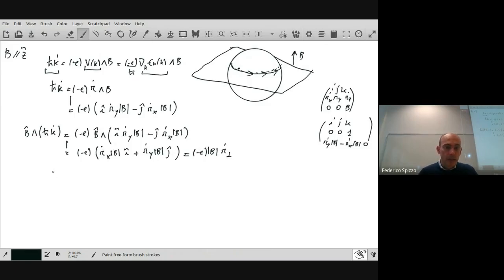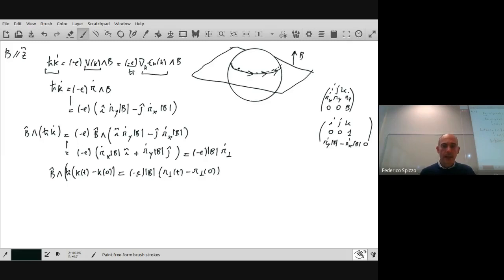At this point, what is generally done is just to say that if the derivative of k times this vector product is equal to a coefficient times the derivative of the position vector, then we may integrate the equation and have k of t minus k0 is equal to minus e b times r perpendicular at time t minus r perpendicular at time 0.